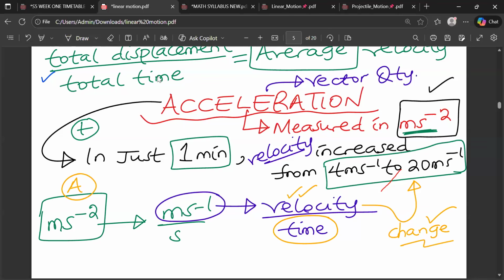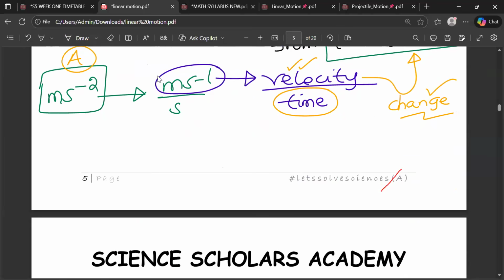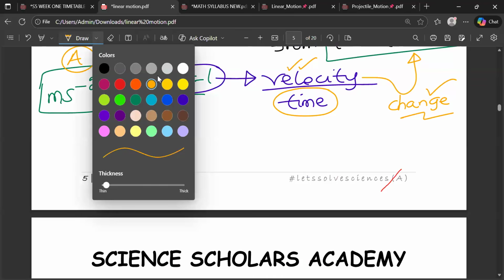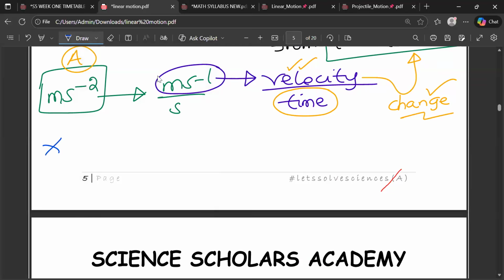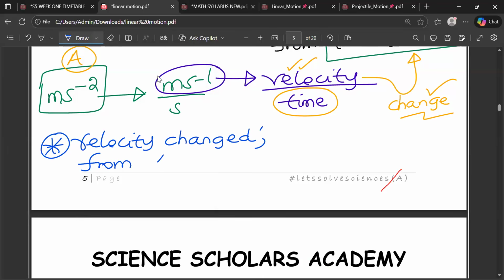But I want to tell you this. We've said that velocity changed from 4 meters per second to 20 meters per second in 1 minute. 1 minute is 60 seconds.